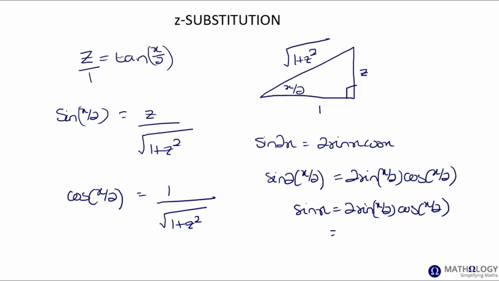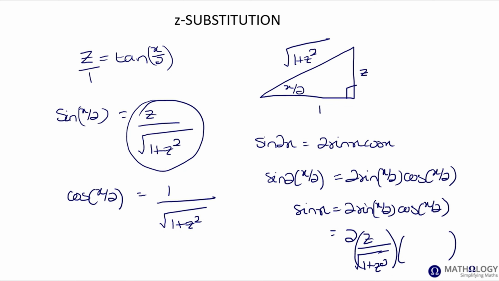which, using the expressions that we've got for sine x over 2 and cos x over 2, sine x will be 2 times sine x over 2, which is z over root 1 plus z squared, times cos x over 2, which is 1 over root 1 plus z squared.